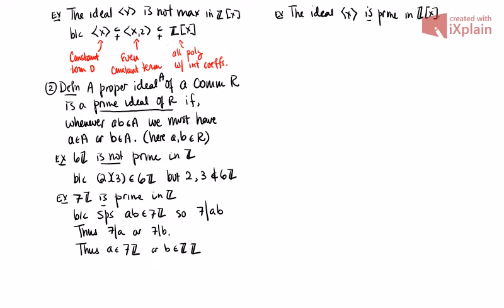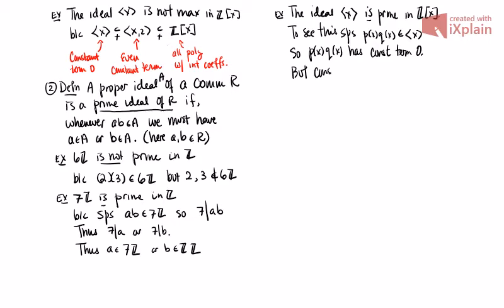So to see this, let's just take a look. Suppose that a product, P of X, Q of X, is in the ideal generated by X. So this means that the product has 0 constant term. But what happens when you multiply two polynomials? The constant term of the product is the product of the constant terms.